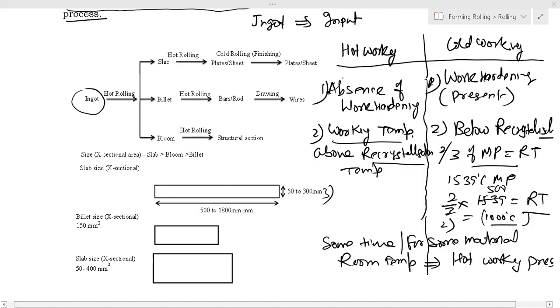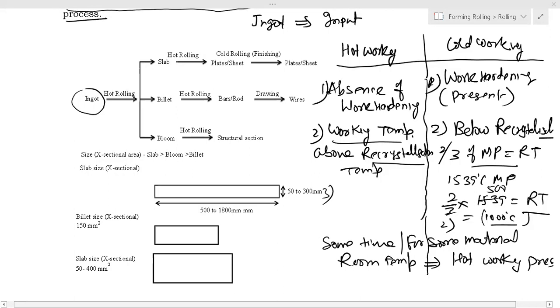So you have different microstructures: austenite, bainite, pearlite, martensite, cementite. In hot working, the work hardening is relieved because of the high temperature, because of relaxation, because of recovery.